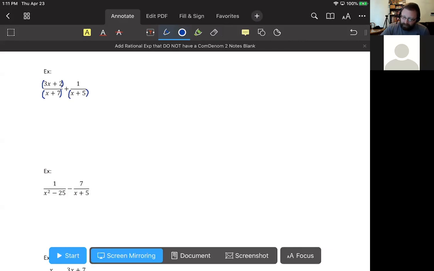Our common denominator here is going to be x plus 7 times x plus 5. So we need to get both of these fractions to be over x plus 7 times x plus 5.